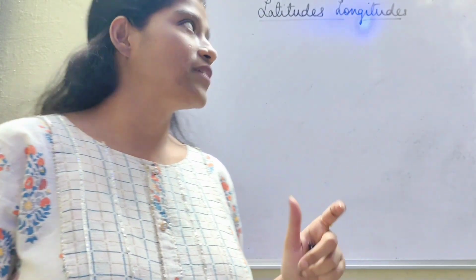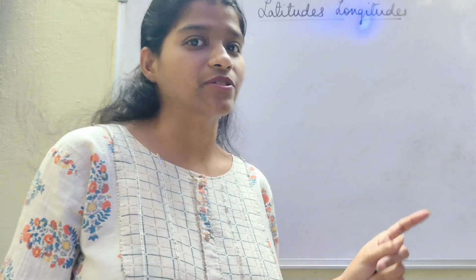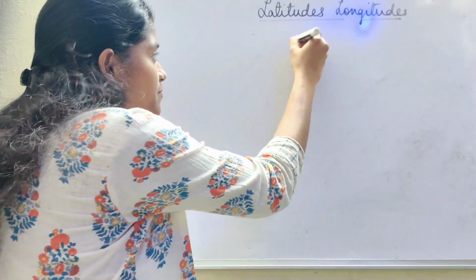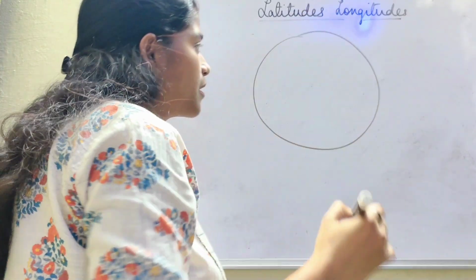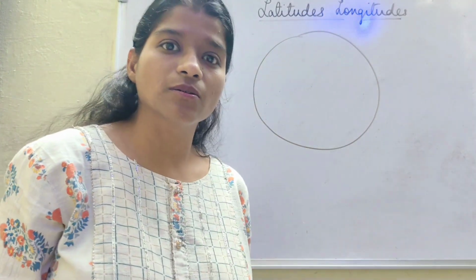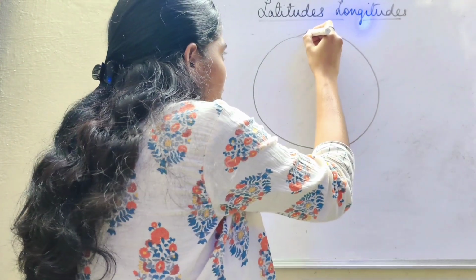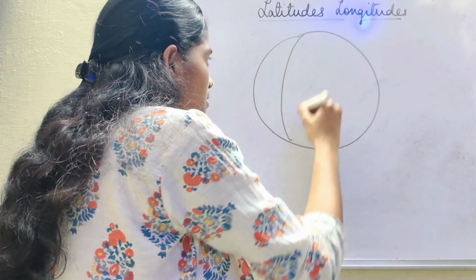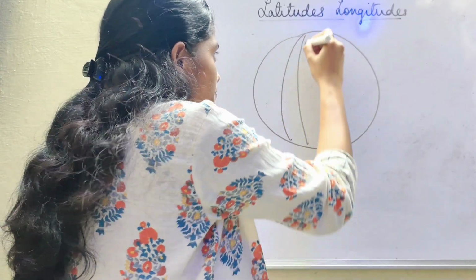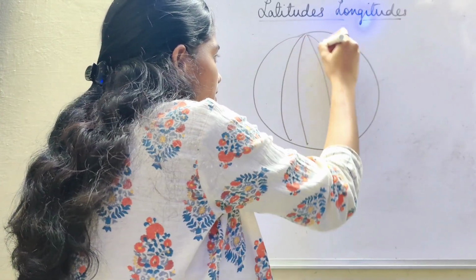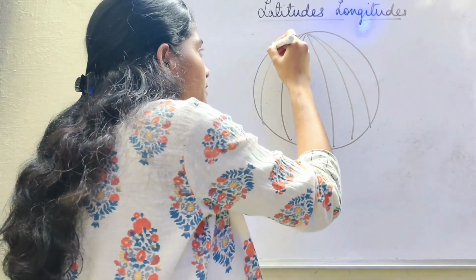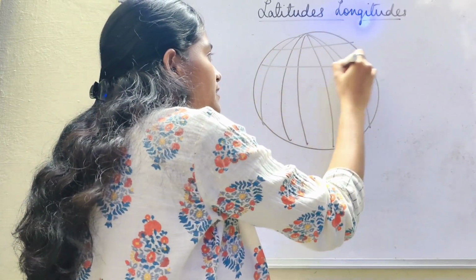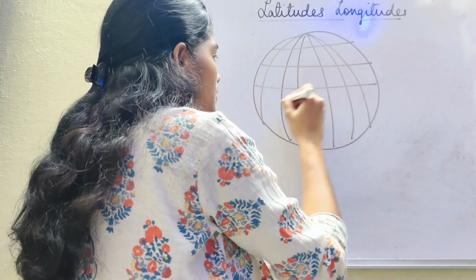So first let us begin with latitudes. If you have ever seen a globe, then on the globe you must have seen some vertical lines and horizontal lines.